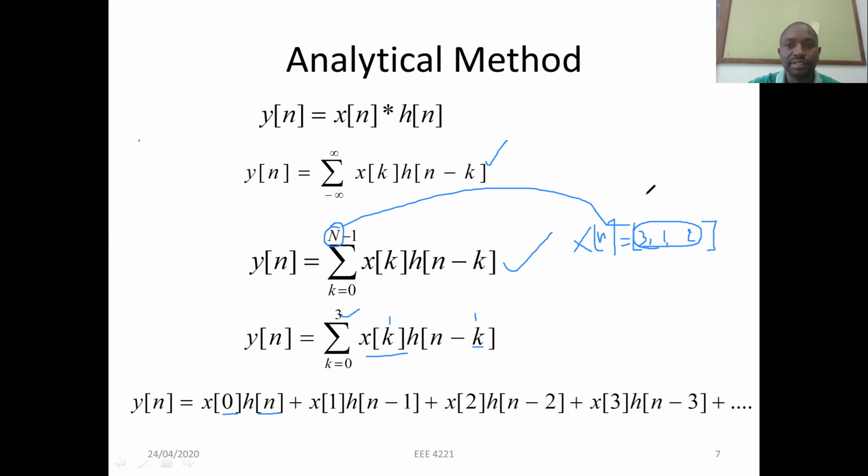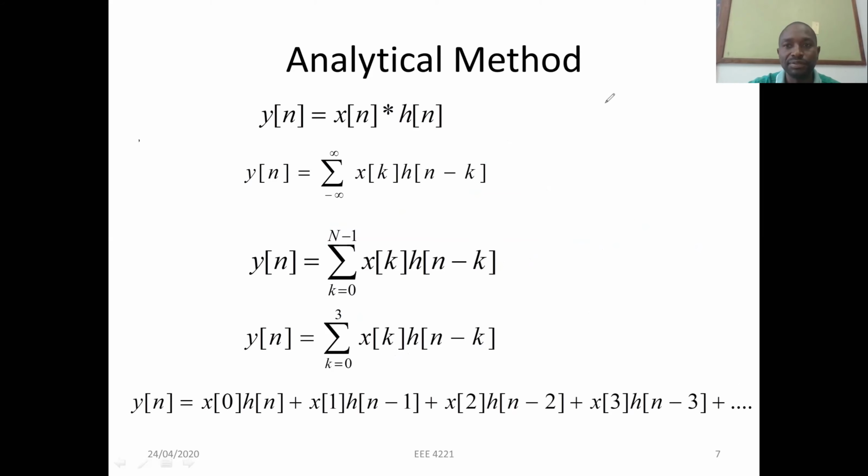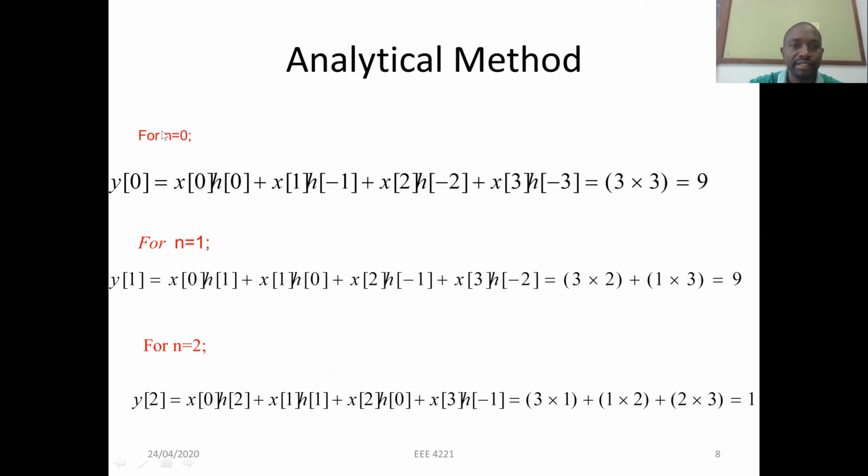To do this, what we're going to do in the next slide is basically to substitute. You notice in this equation, n is also changing now. For n equals 0, what will be the value, for n equals 1, for n equals 2, and for n equals 3. So basically what we do here in the next slide, for n equals 0, wherever we have n, we put a 0.